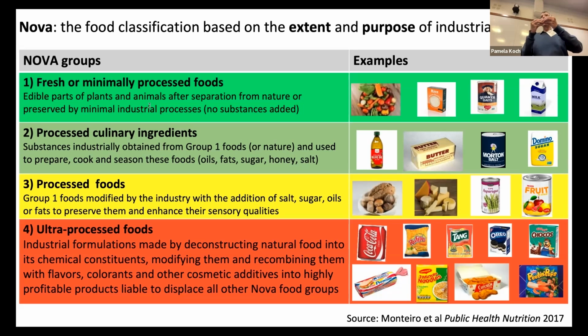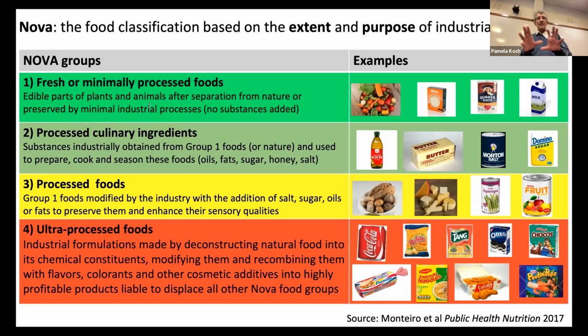Olive oil is very different from olives, because they are just one part of the food which is extracted and used as a culinary ingredient. So these foods are highly processed, but they are not consumed by themselves. They don't replace foods. On the contrary, they are used to facilitate preparation of group 1 foods.